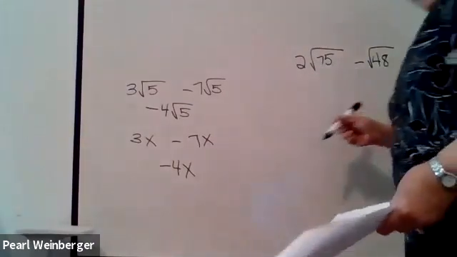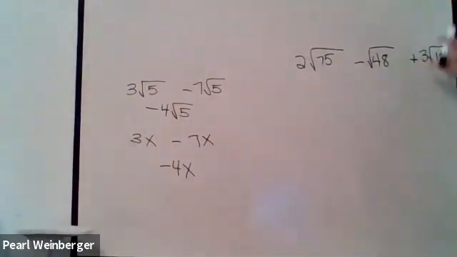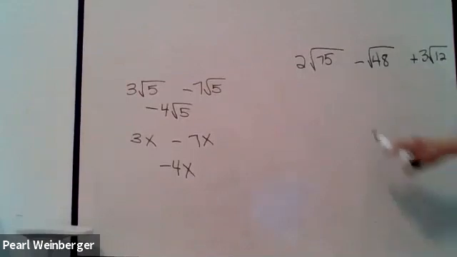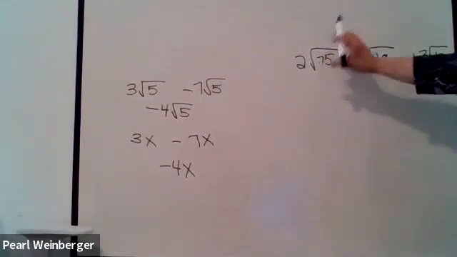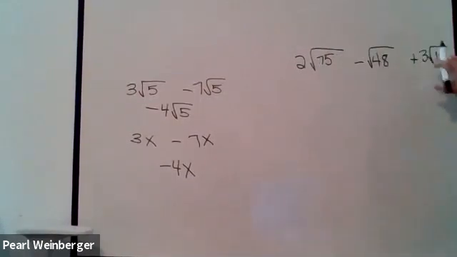This is off the Chapter 6 sheets. What if I said, here's an example, I want you to combine this. Well, my first reaction is, this has a 75 in the radical, this has a 48 in the radical, and this has a 12. None of them are like radicals. They all have different numbers inside their radical.